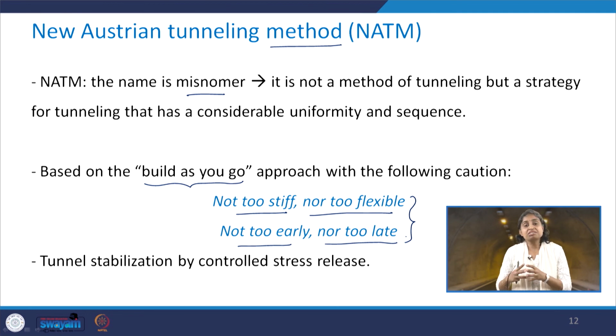But then if we allow some deformation, and if this allowable deformation is too large, then we have to go for a very flexible kind of support system which may not be good, because in that case the deformations may be beyond the permissible limit. And therefore, this line comes into the picture that the support system should not be too stiff nor too flexible. So, we need to adopt somewhere in between, that yes, we will allow some permissible deformation to take place, and accordingly we will design the support system.